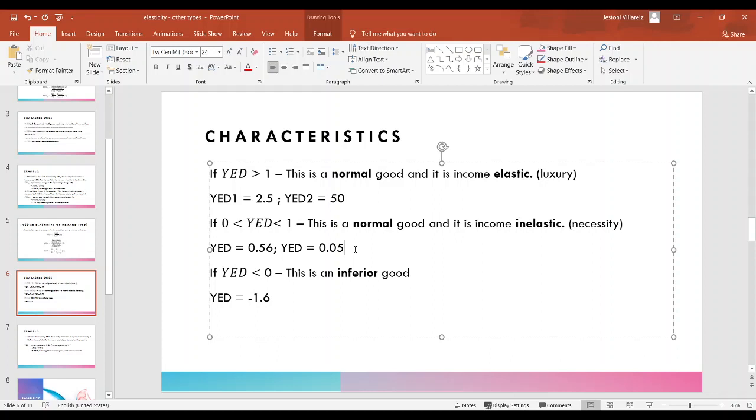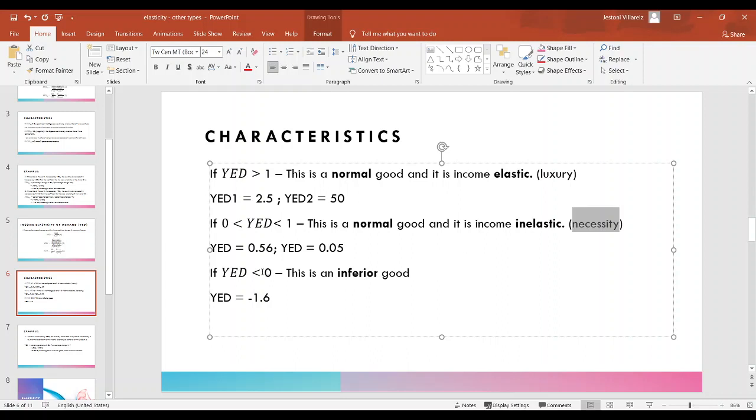However, if your YED is closer to 0, or it is approaching 0, mas closer siya sa 0, the product or the good is considered a necessity. Needed jud siya. Meaning, masking mataas pa imong income, you are consuming the same quantity of the good.